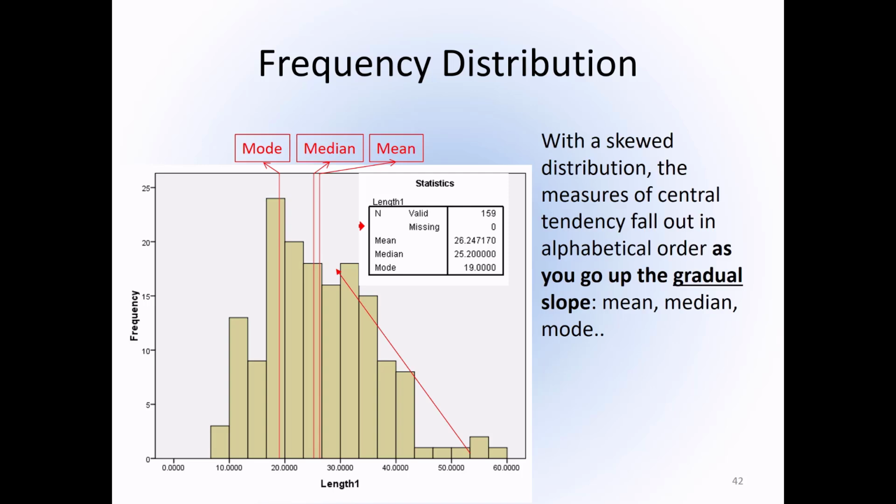In this particular case, this data set is right skewed. Our tail trails off to the right, and we have a general rule of thumb that for a skewed data set, as you move up the more gradual slope, which in this case is on the right side of the histogram, we then encounter the measure of central tendency that occurs first when we're thinking about things alphabetically.